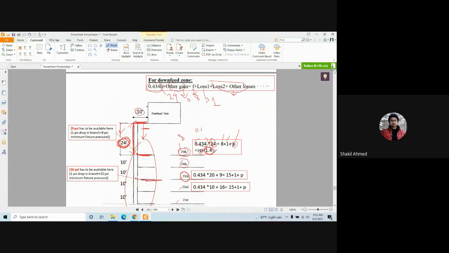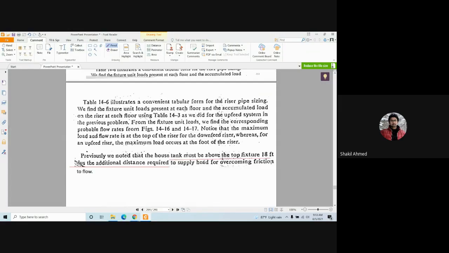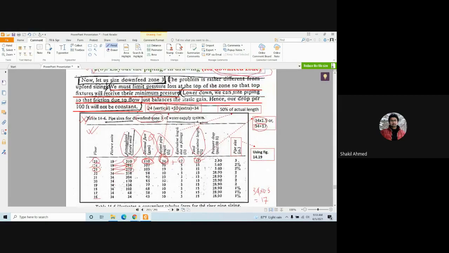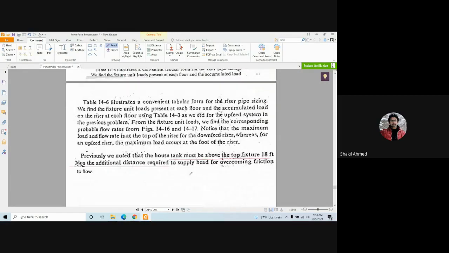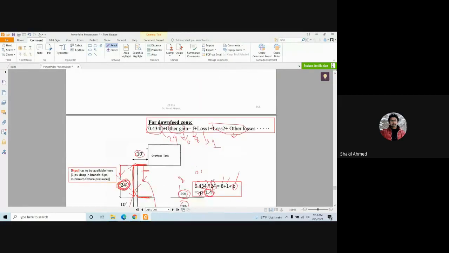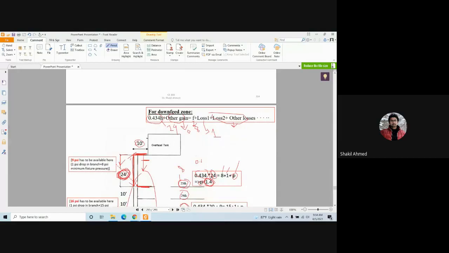Now this loss is happening for what length, guys? 51 feet length. So for 51 feet length, your pressure drop is 1.4.